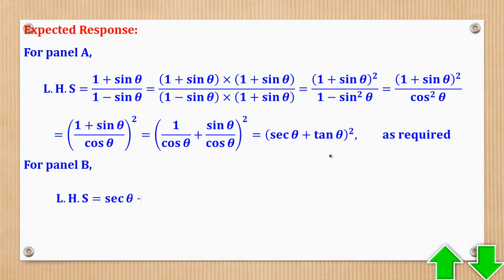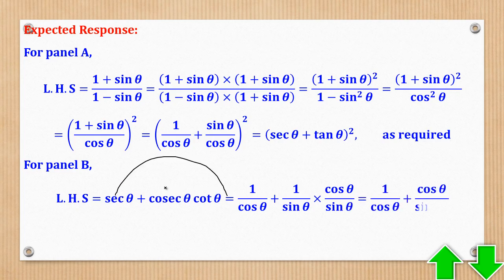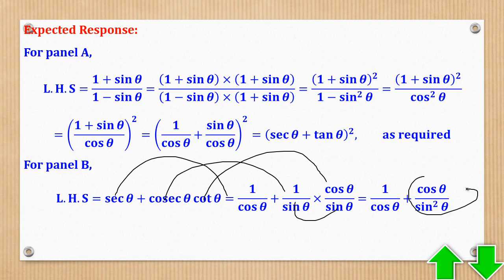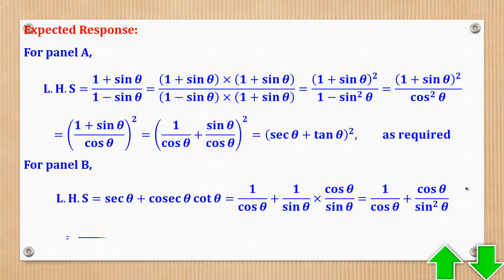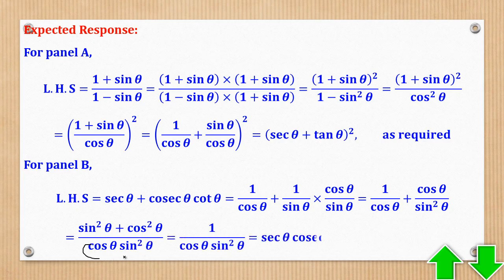For panel B, left-hand side is that. Change, we know that sec is 1 over cos, cosec is 1 over sine, and cot is cos over sine. So that means that when I simplify, realize that this is squared, so I'll come up with this. Get the LCM. LCM is cos theta sine squared theta. So that divided by cos theta, you remain with sine squared theta times 1 to give you this.